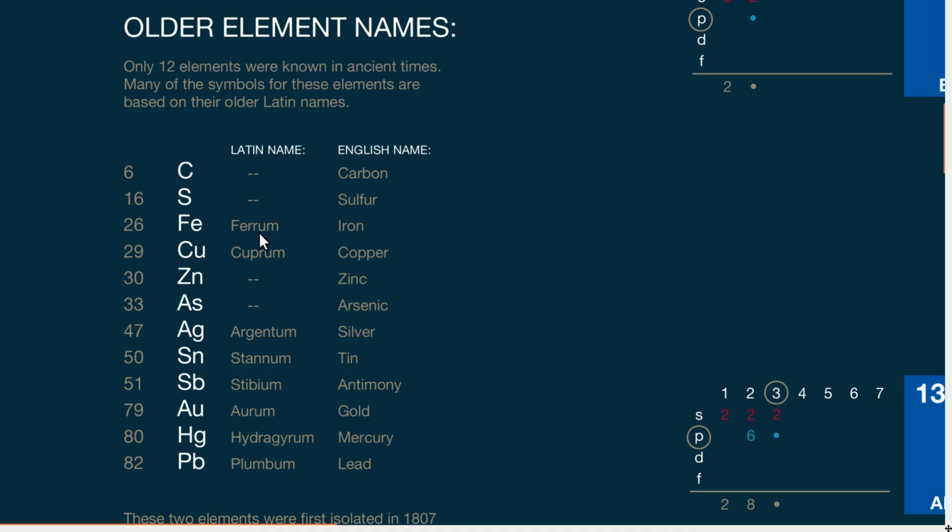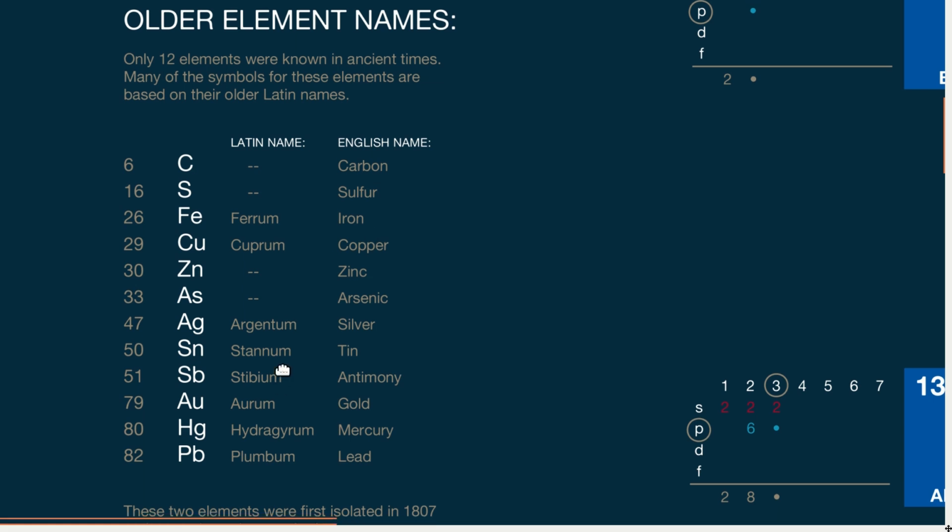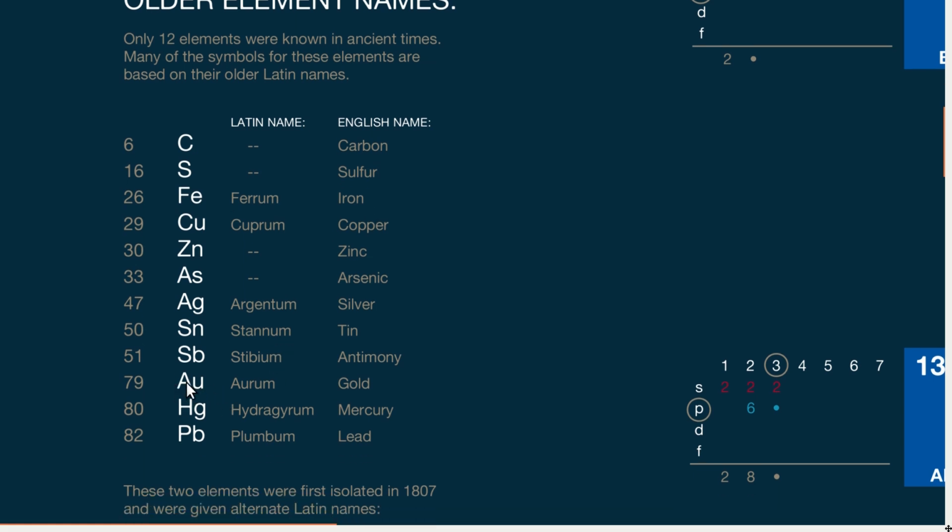So for example, the atomic symbol for iron is Fe. So sometimes people wonder, well, why is that? Well, that is because originally in Latin, this element was known as ferrum. So the Fe stands for ferrum, even though we call it iron. Or another example would be Au, which is the symbol for gold. That's because in Roman times they called gold aurum, and so Au stands for aurum.